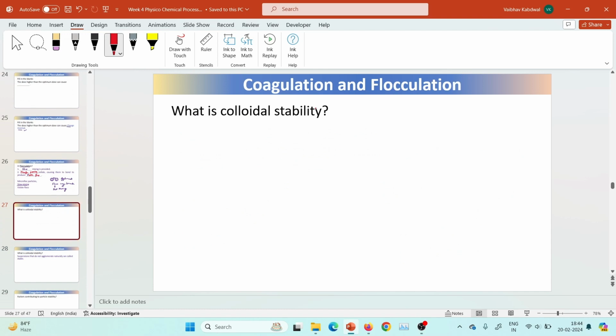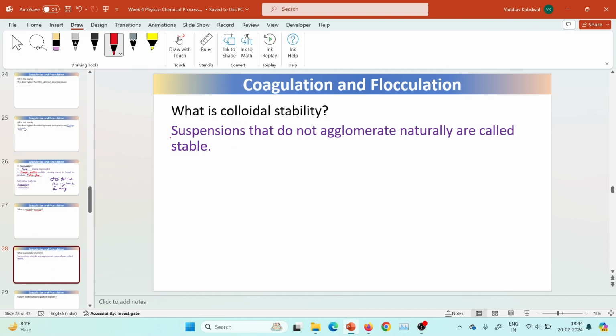What is colloidal stability? Think, what is colloidal stability? Suspensions that do not agglomerate naturally are called stable. Understand this term. What does stability mean? Suppose these are two charged particles.